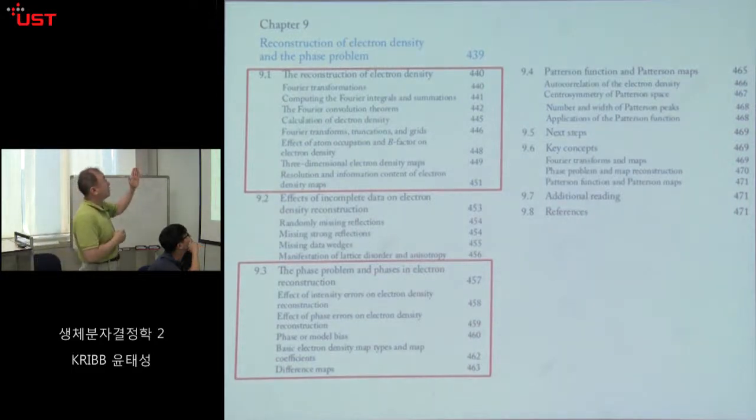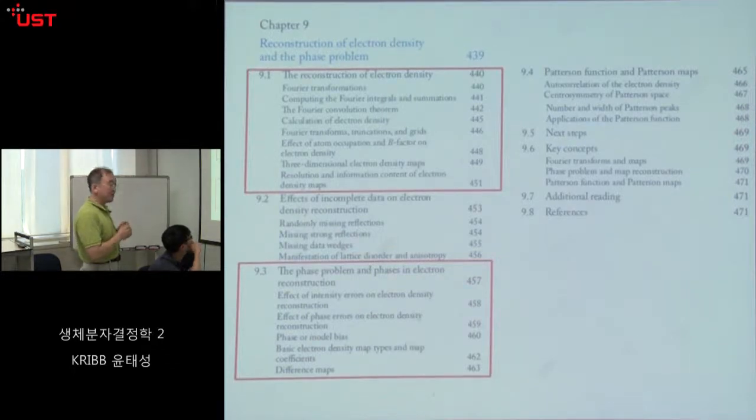Here, chapter 9, reconstruction of electron density. Is that representation or function? What are we talking about here? When we are talking about reconstruction, what we are talking about in reality is that contour diagram, or function, or data.